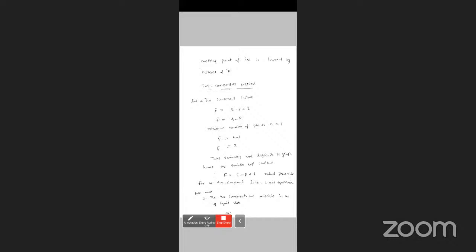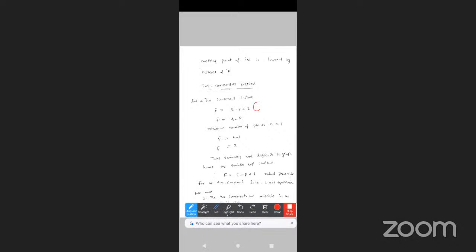Now for two component systems, C equal to 2, isn't it? And according to the Gibbs phase rule, F equal to C minus P plus 2. When you substitute C equal to 2, so 2 plus 2, 4 minus P. And for any system which we want to explain, it may have a minimum number of phases of 1.